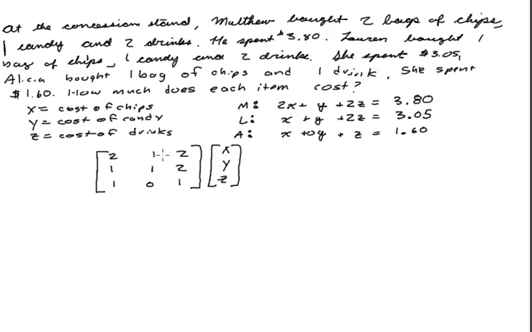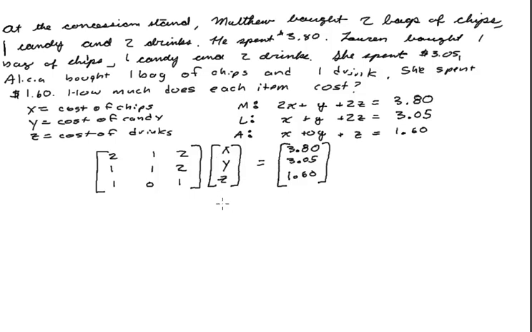So if I multiply 2, 1, 2 times x, y, z, I get 2 times x, 2x, plus 1 times y, 1y, plus 2 times z, plus 2z. And then for my next one, 1, 1, 2 times x, y, z, 1x, 1y, 2z. So this matrix product is the same as this side of this system of equations. When I multiply that all out, I would like to get the matrix 3.80, 3.05, 1.60.